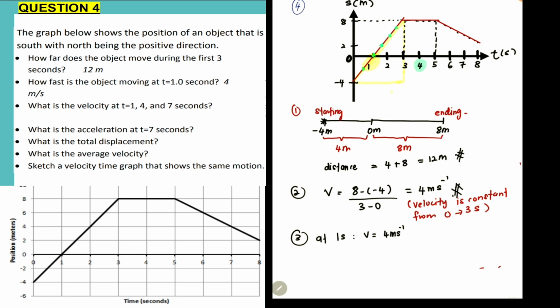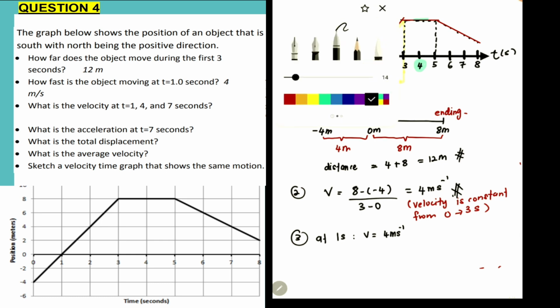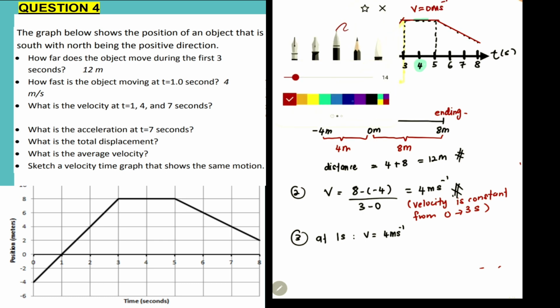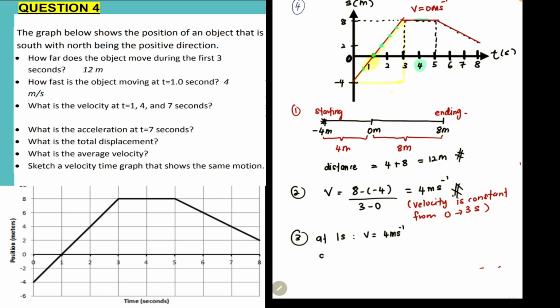At 4 seconds here, the velocity is 0. Why? Because it's not moving. Here the gradient is 0, so the object is at rest. So 0 meter per second. So I can answer here: at 4 seconds, the velocity is 0 meter per second.